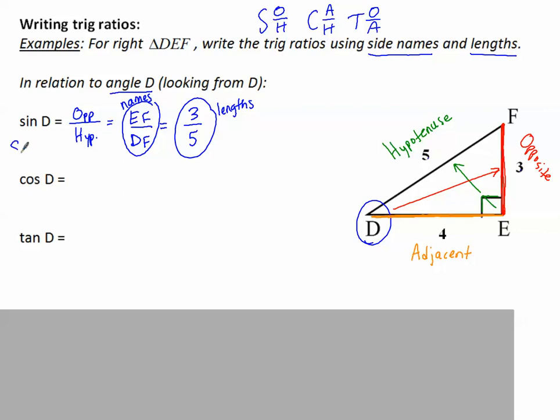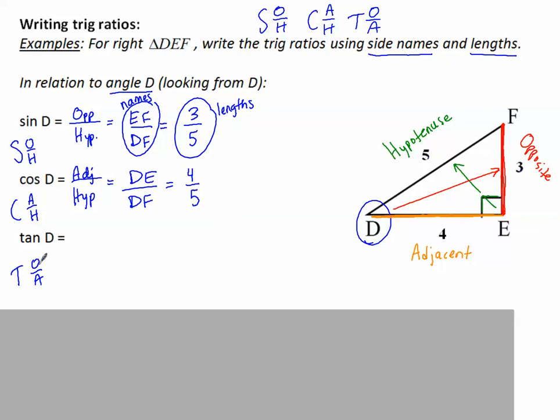Cosine. So remember, SOH CAH TOA. Cosine is adjacent over hypotenuse. So all we have to do is look at what we labeled. Adjacent is DE. Hypotenuse again, DF. This time the numbers are 4 and 5, so 4 over 5.